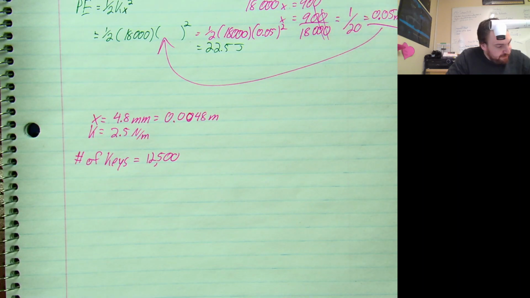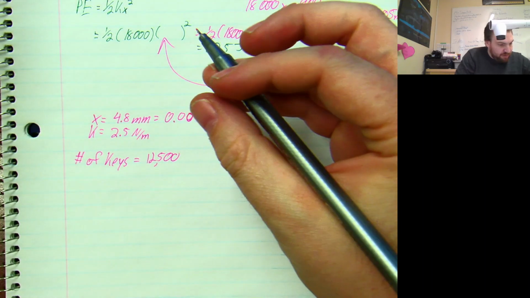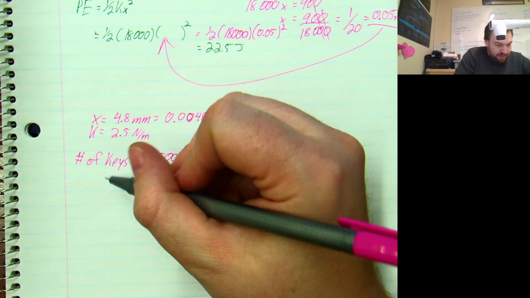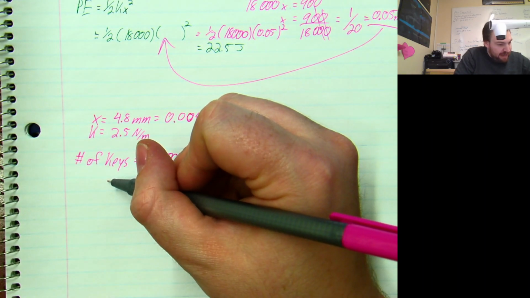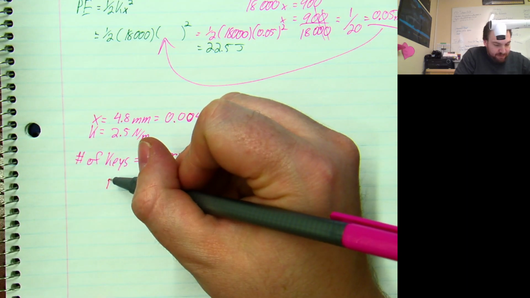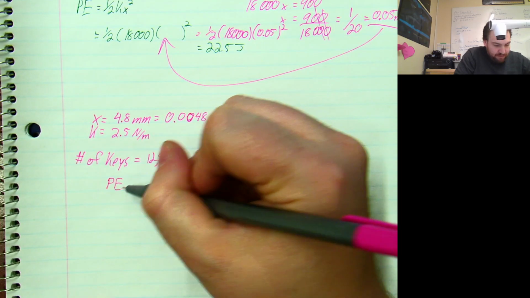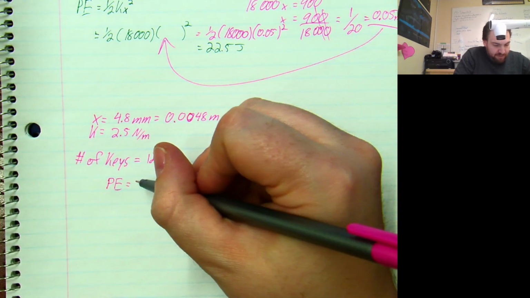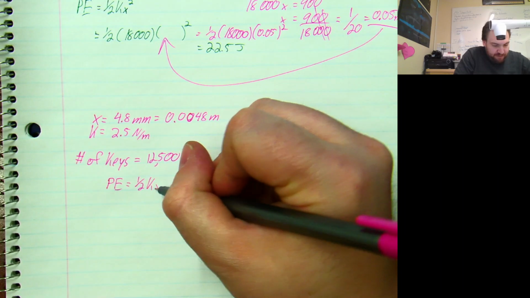How much energy was supplied to make all the keystrokes performed that day? So, the energy we want: PE equals 1/2 kx squared.